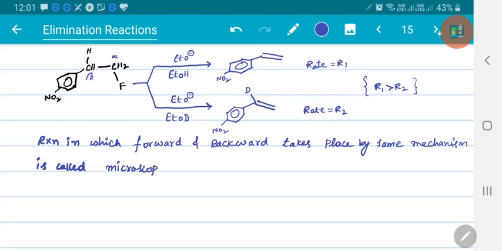So that is what is observed here: microscopic reversibility is observed in case of E1CB. Right.